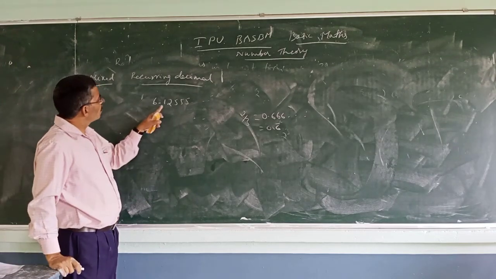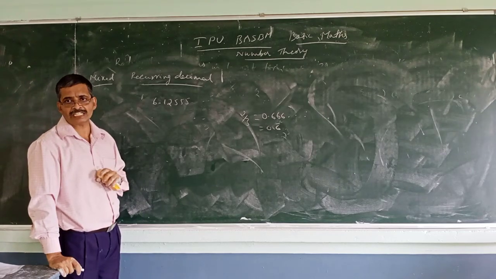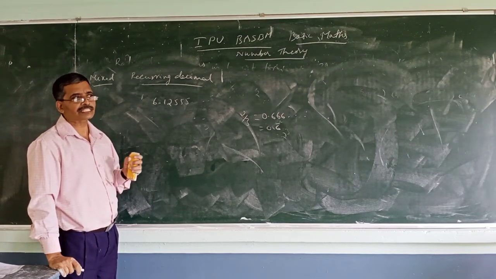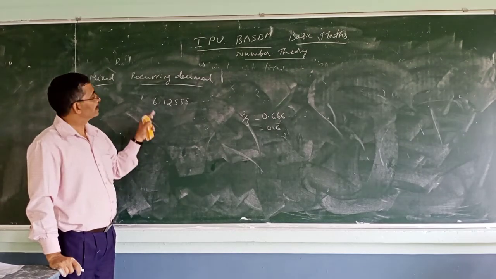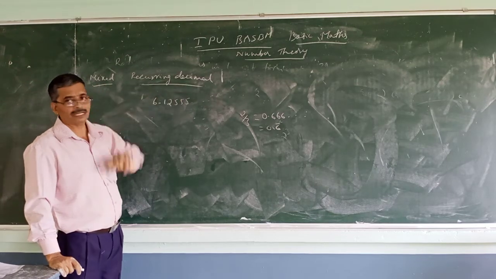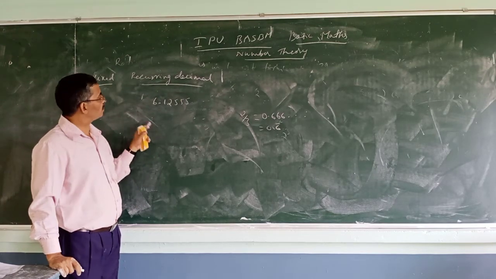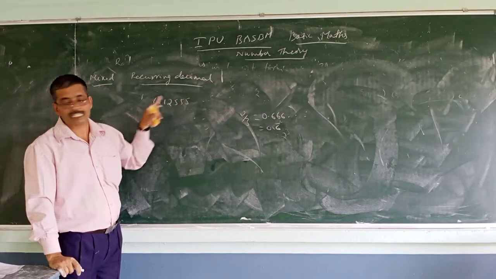Mixed in the sense that 1 doesn't repeat, 2 doesn't repeat, but after a certain stage some digits are repeated. See, 5555 repeats. This is a mixed recurring decimal. It is recurring but not for all the digits. After some time the repetition is done.